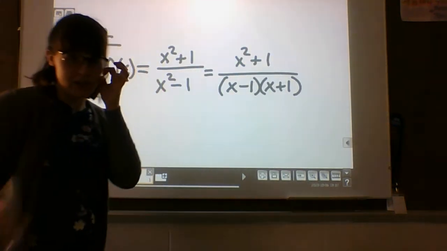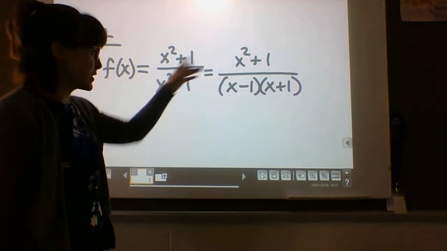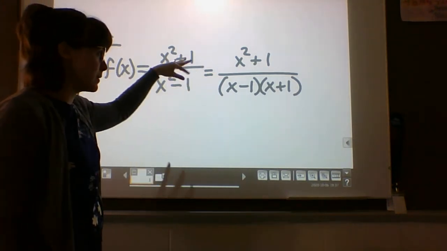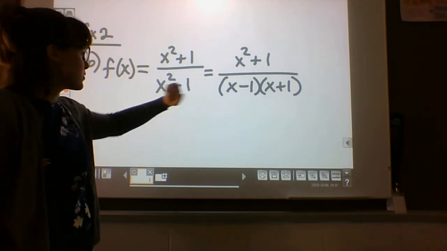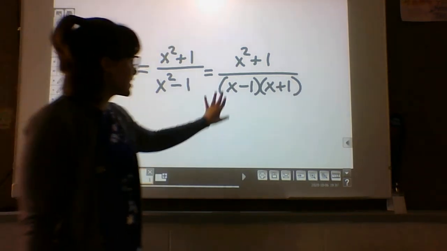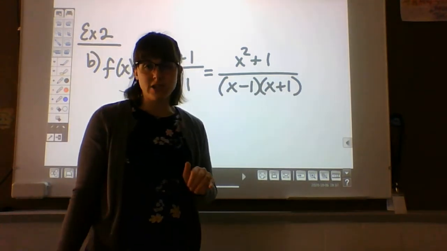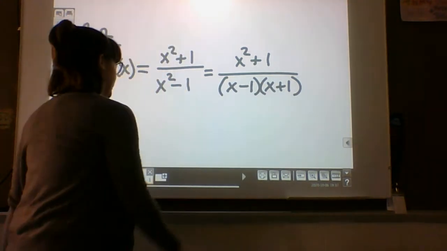Now, we are not factoring the top because that is not a difference of 2 squares. That's a sum of 2 squares, and there is no way to factor that. So we just factor the bottom part, and we're going to set each factor now equal to 0 and solve for x.